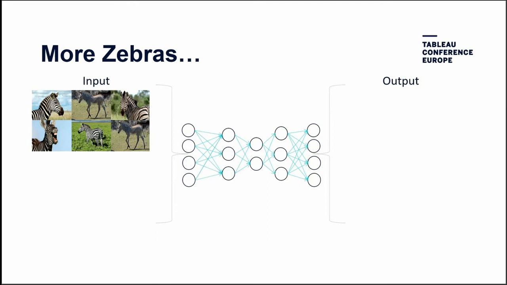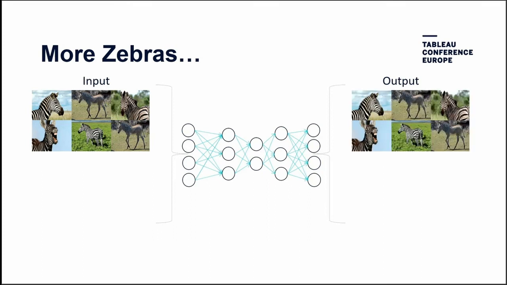So this is now then the input. This will go through the data set, and because we have so many zebras, the model will learn only from zebras, so it will be really good in compressing and decompressing the picture of zebras. So zebras will be input, zebras will be output.